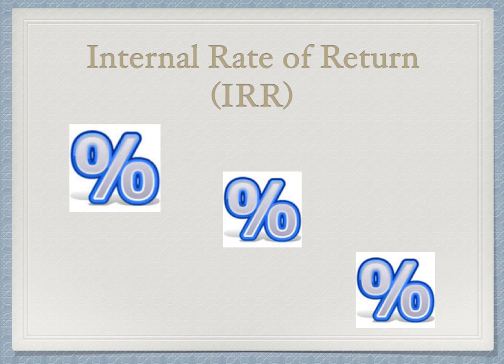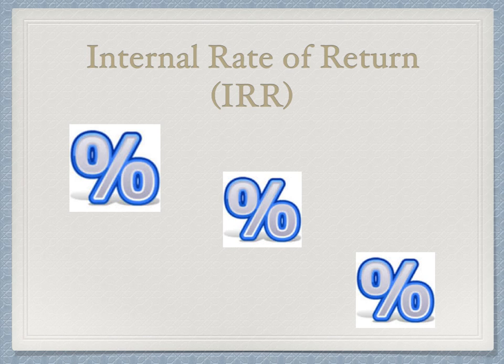The internal rate of return, otherwise known as IRR, is described as the discount rate that forces the present value of a project's expected cash flows to equal its cost. What the textbook continues to say is for a decision rule for a company to look at, a project is acceptable if the internal rate of return is greater than the rate of return needed.